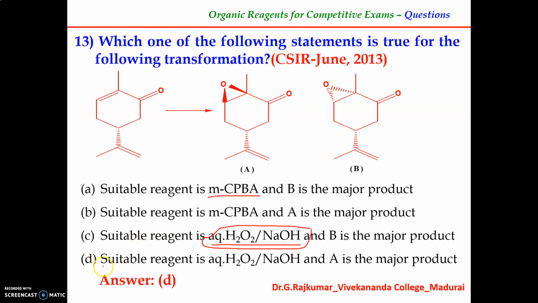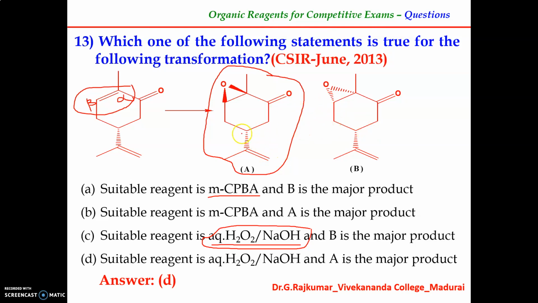You can check. So A is a major product. You can see, this is the alpha beta unsaturated position. So this is the alpha carbon and this is the beta carbon. If B is a major product, what happens?